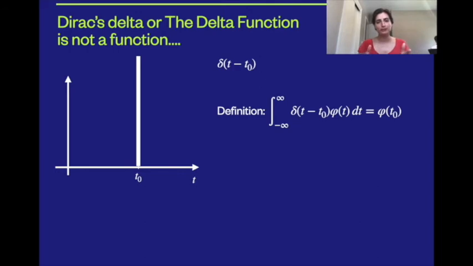So we kind of are thinking about delta being a spike at t0 that has area equal to 1. So it's something that has no width, but still a non-zero area.